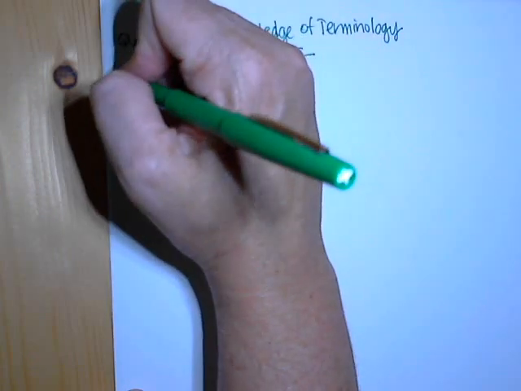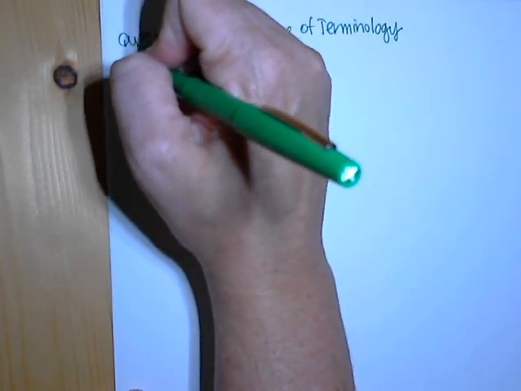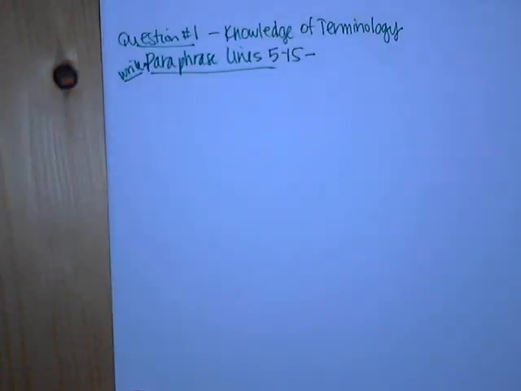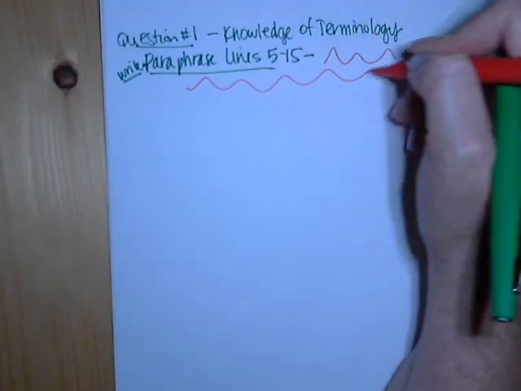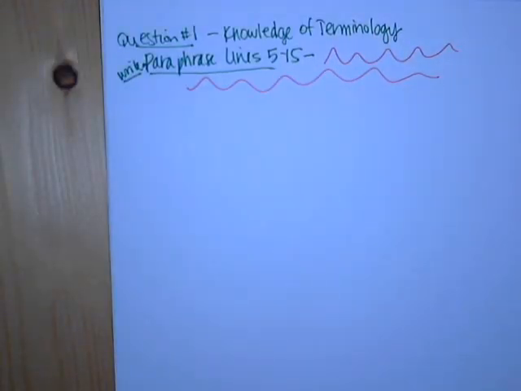And you actually have to write this, like, you actually have to write paraphrase lines 5 through 15. Okay, and then you're going to go in and paraphrase lines 5 through 15. Don't do squiggly marks because you'll actually need to do that later. We're just not going to take the time to do it right now. Does that make sense?